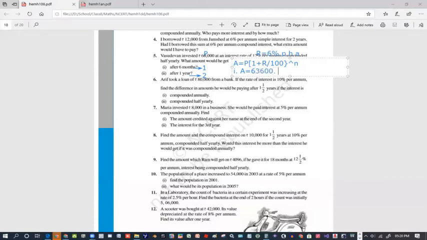And for 2, you will get A as, put P as 60,000, R as 6%, and N as 2. The first one was N as 1 and now the second one is N as 2. So you will get 67,416.